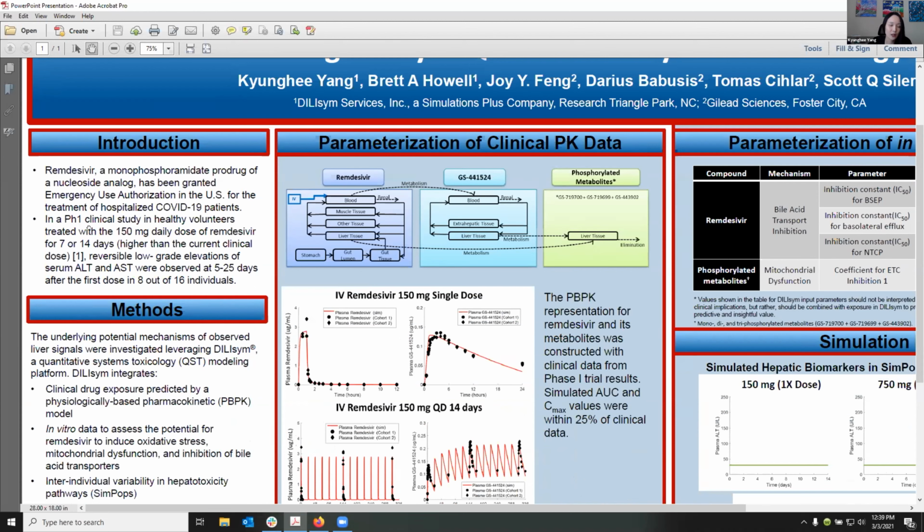During a phase 1 clinical study in healthy volunteers, treatment with IV remdesivir, 150 milligrams daily for 7 or 14 days, induced reversible low-grade ALT and AST elevations, which are biomarkers of liver injury. This happened in a subset of treated healthy volunteers.